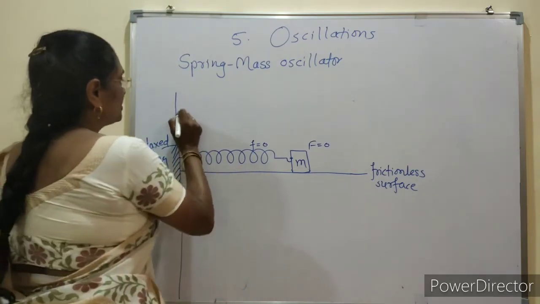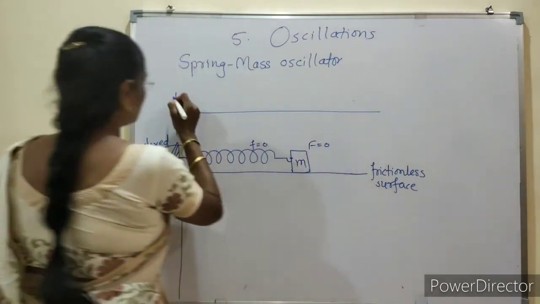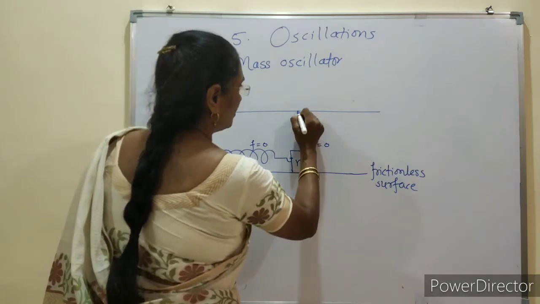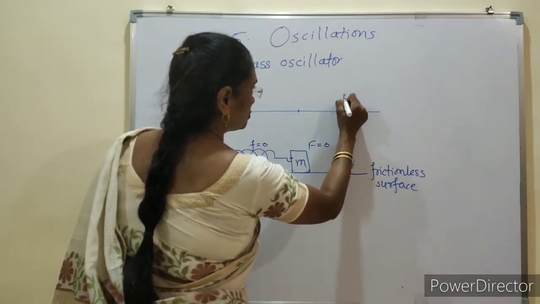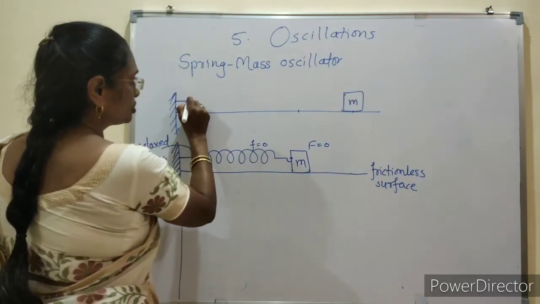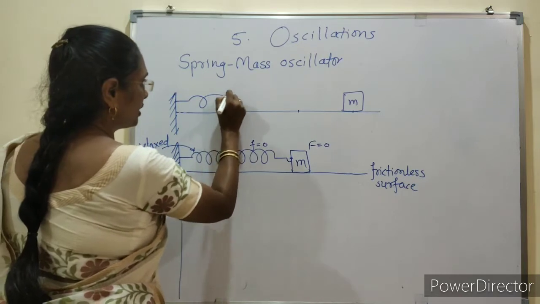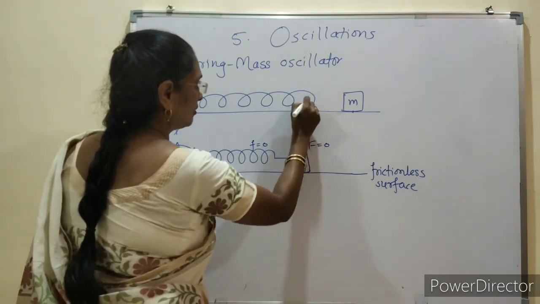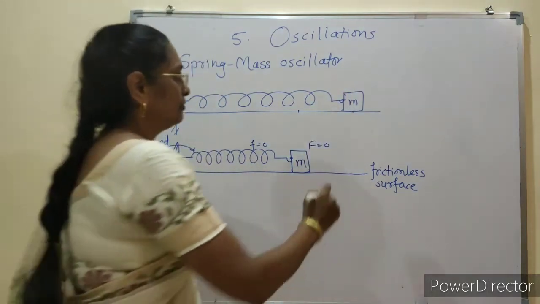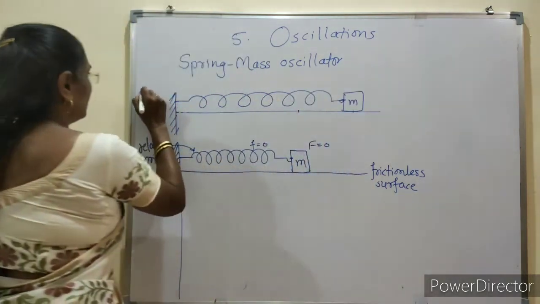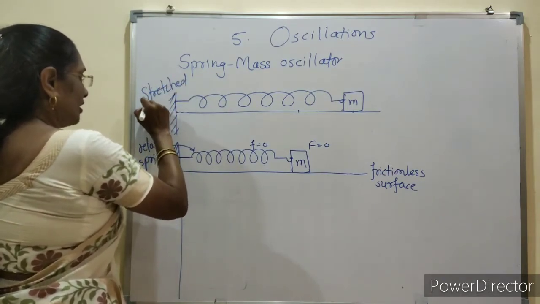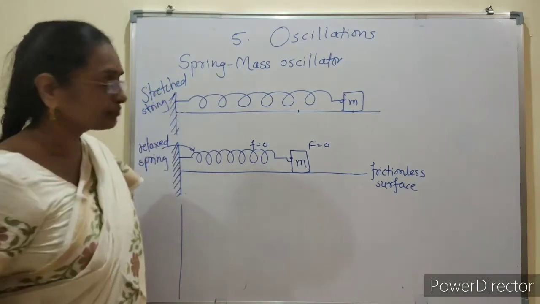Now on the same setup, if we show the same setup here, but the spring is stretched so that the block is at this position, the stretched spring can be shown like this. Here we can say that the spring is stretched and it is towards the right.